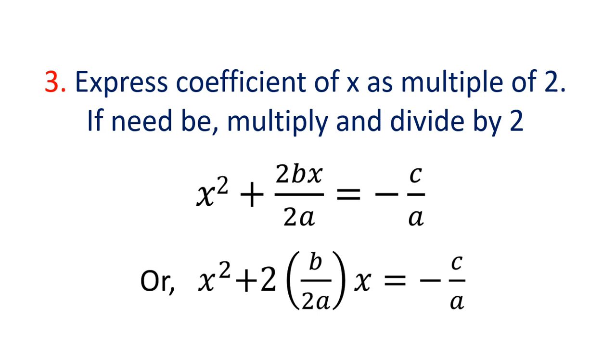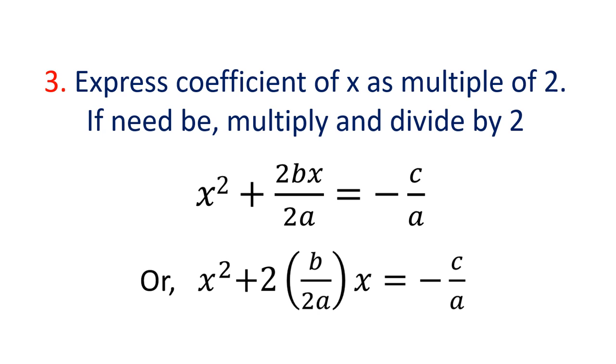That is, you just multiply b by 2 by 2. So what we have now is x square plus 2 by 2 and bx by a, that is 2bx by 2a, is equal to minus c by a.